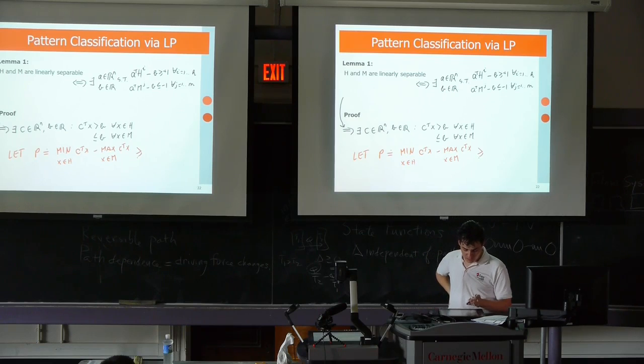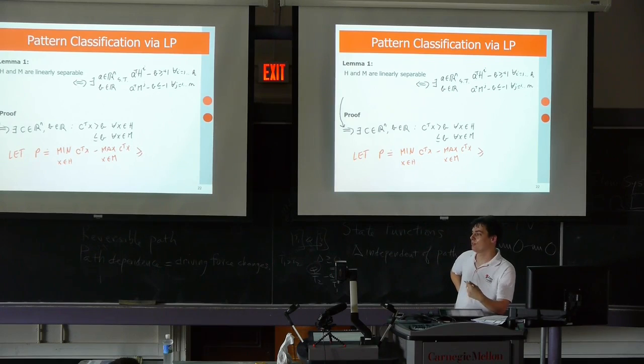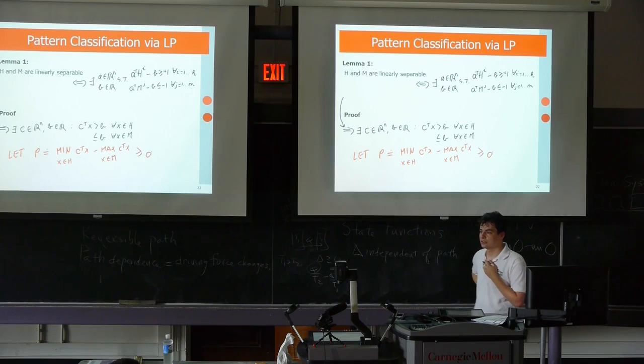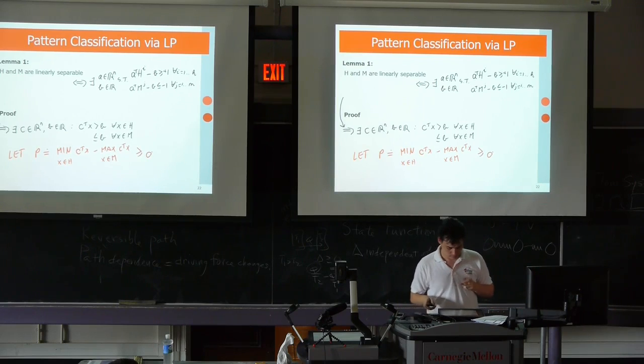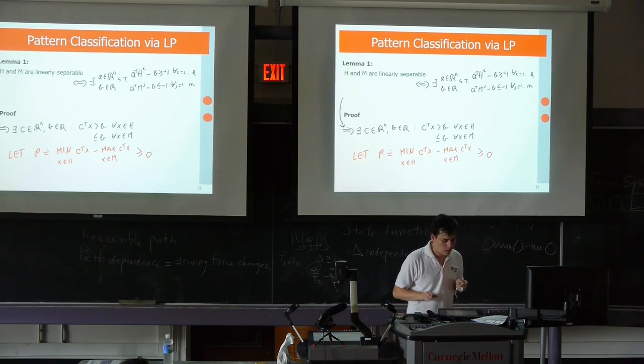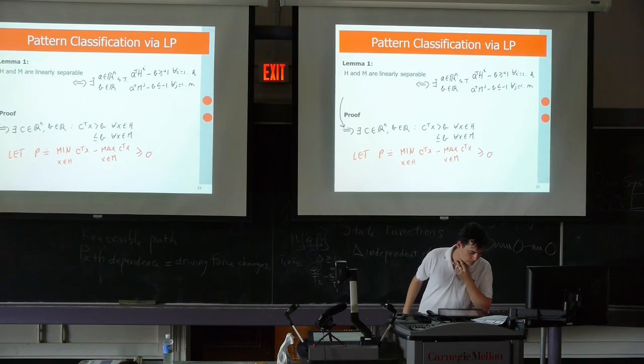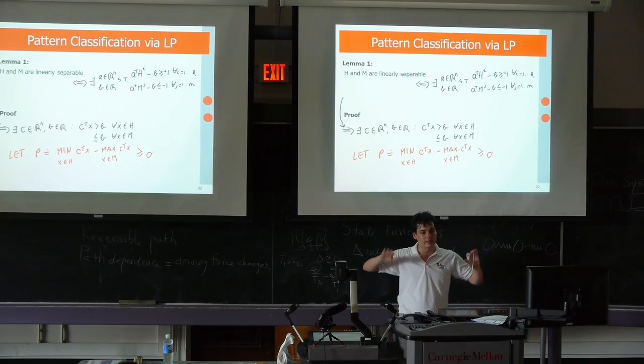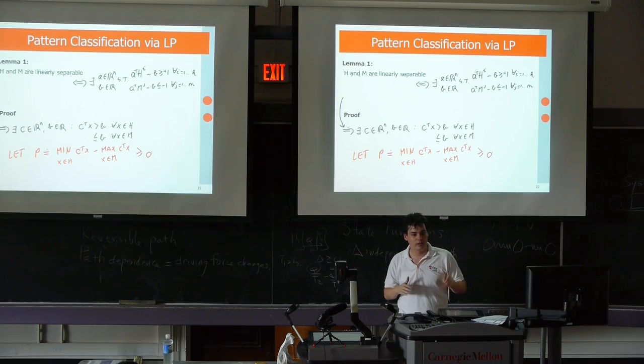I know that the minimum of C transpose X when X is in H will be bigger than B. The maximum when we are in set M will be less than B. So I know that this is never negative. Yes, it can be 0 too. If they are strictly separable, it cannot be 0. If they are not strictly separable, then it could be 0.